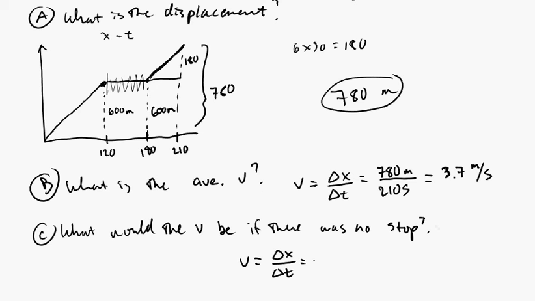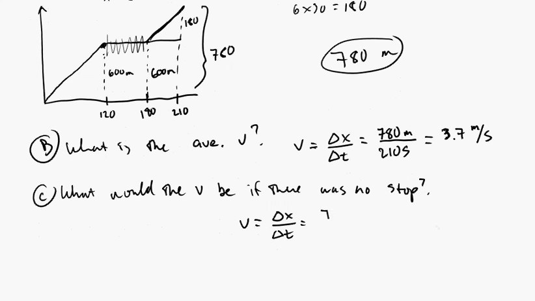The displacement still would be 780, but the change in time would be different because we'd remove that 60 seconds of dead time. And so we would actually have 150 total seconds. And so 780 divided by 150 would be 5.2 meters a second.